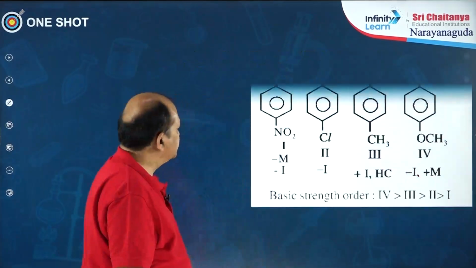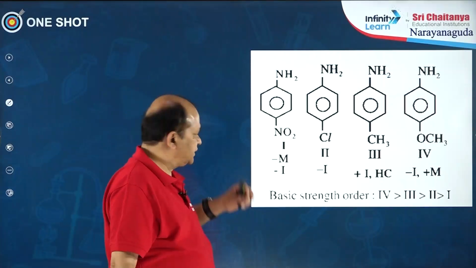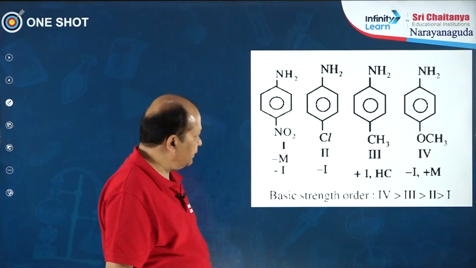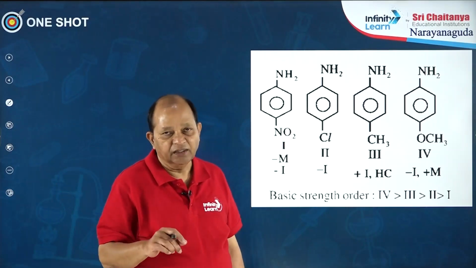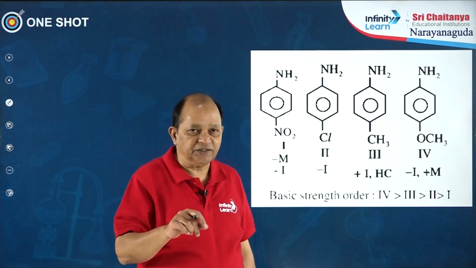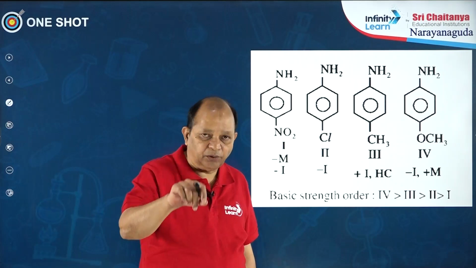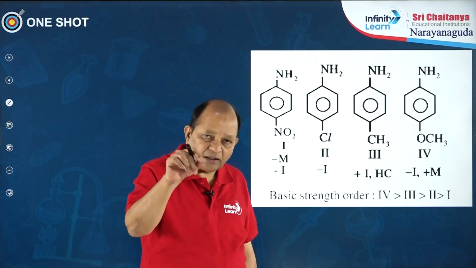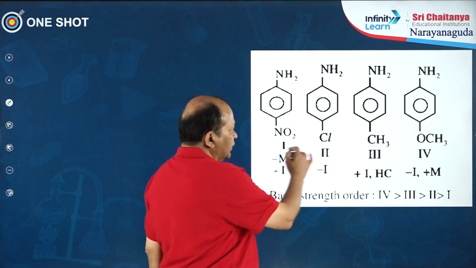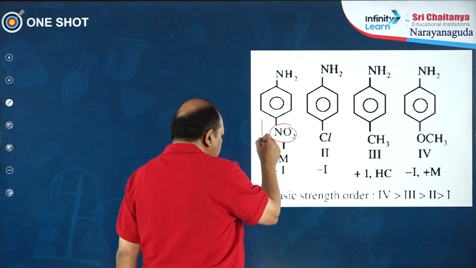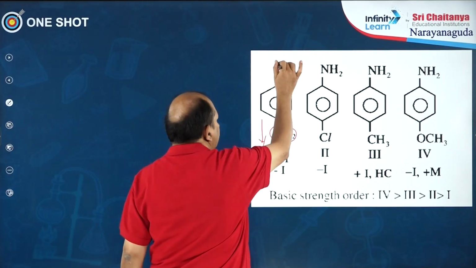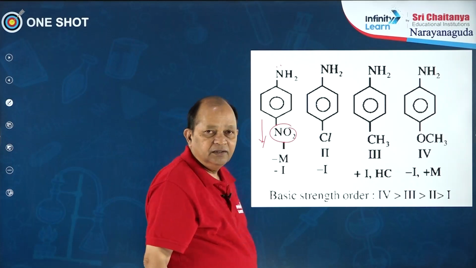Okay. Next is related to the basic strength of different amines. Regarding the basic strength of amines, the group which enhances the electron density on nitrogen, that compound will be more basic. Now, let us see the different groups. Here the nitro group is a withdrawing group, so it is decreasing the electron density on nitrogen.